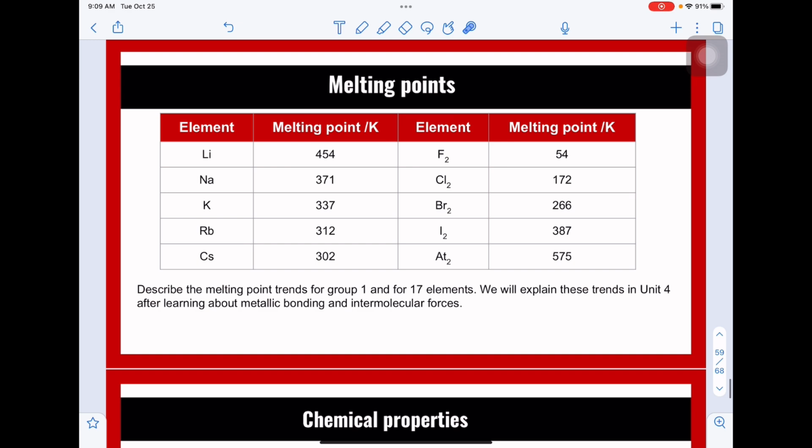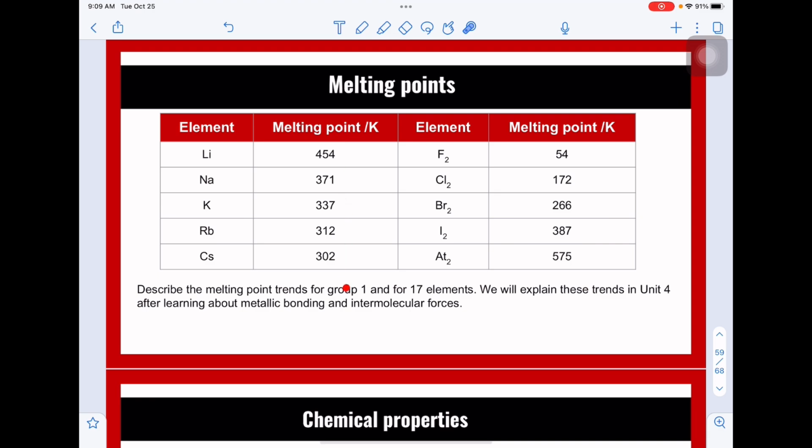The next thing that we're going to look at is melting point. We're going to look at melting point for two groups. The first one is alkali earth metals, and the second one is halogens. For alkali earth metals, we'll come back to the proper explanation of why the trend is the way that it is. But it is important for this unit for you to know what the trend is. Maybe you won't be able to explain it properly, but you should know what the trend is.